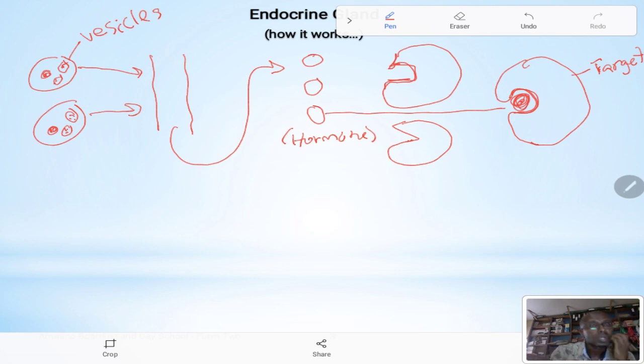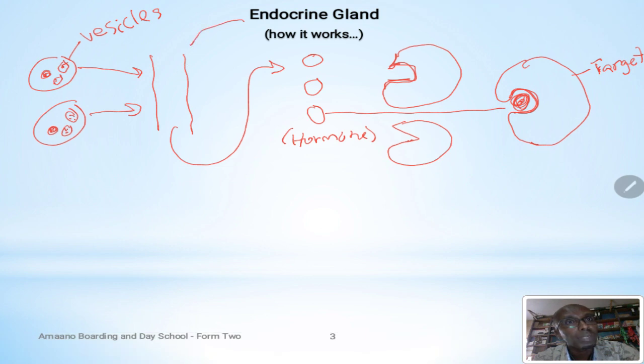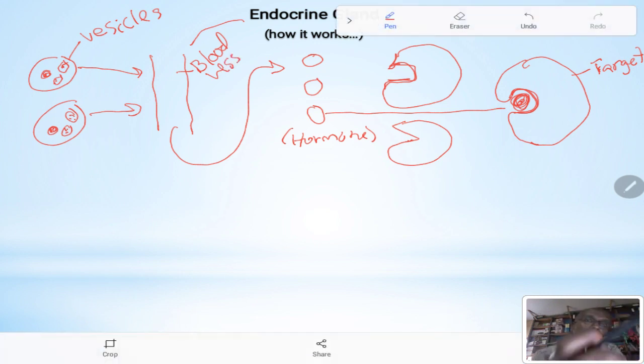Via what? Hormones. So if we go through it again, the endocrine glands have abundant blood vessels and a small structure called a vesicle.